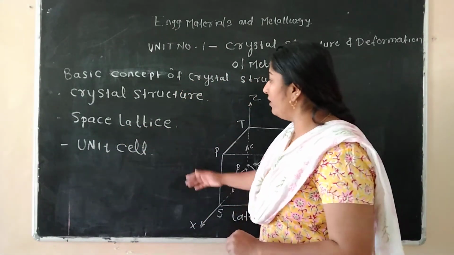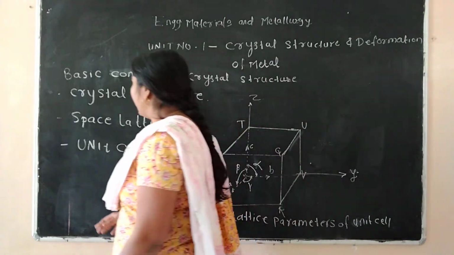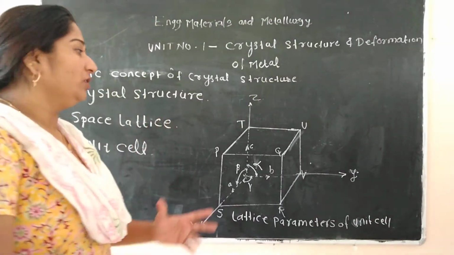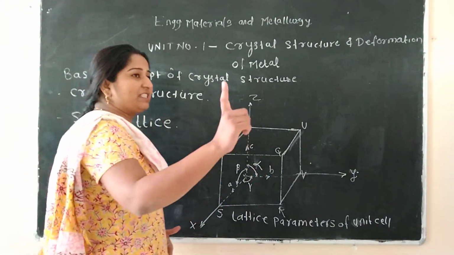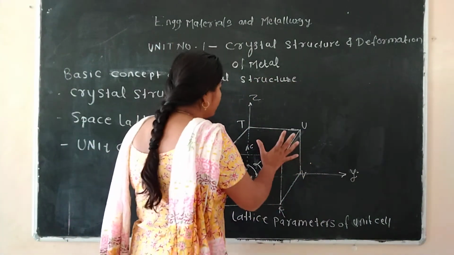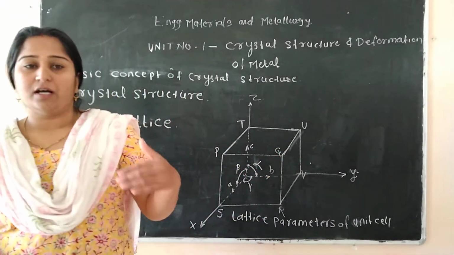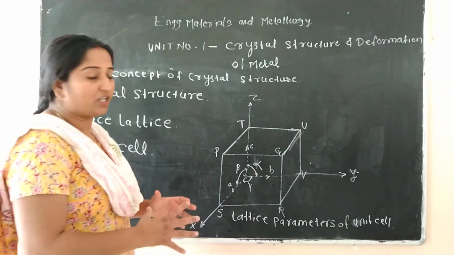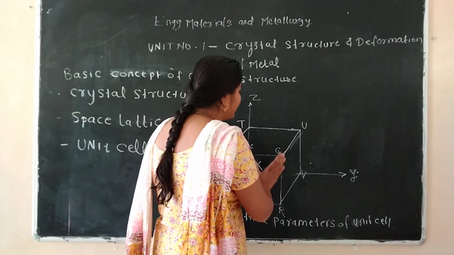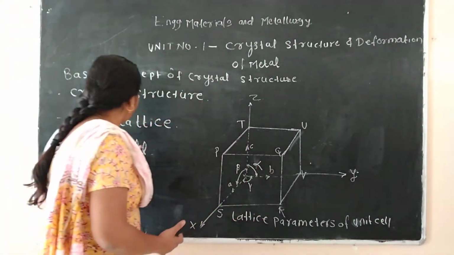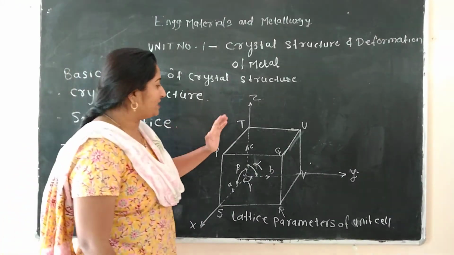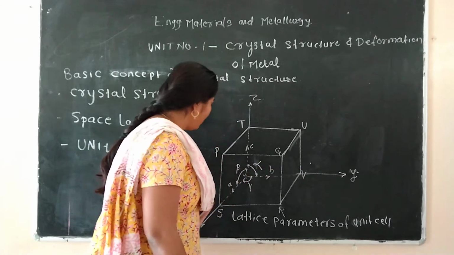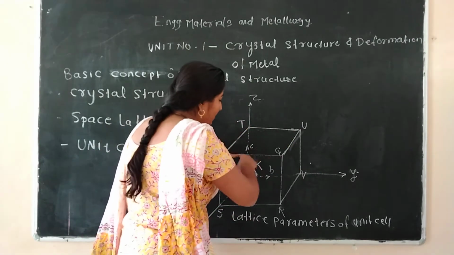Now, after that, we are going to study the unit cell. What is a unit cell? The word is unit. Unit means a single cell that we are going to study for the crystal structure. It is defined as the basic structural part of the composition of a cell. Now we can see the diagram. There are three axes over here and we are going to study one cell.